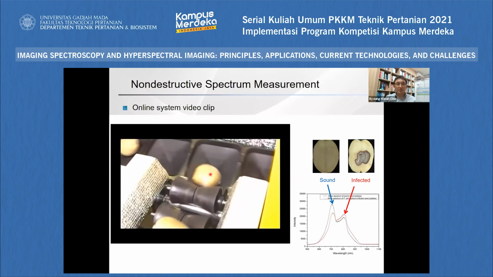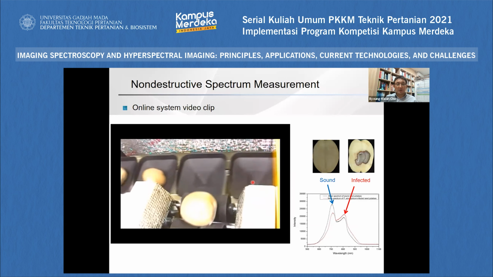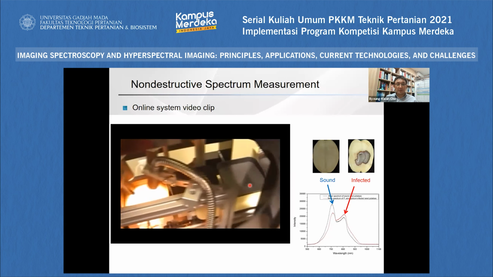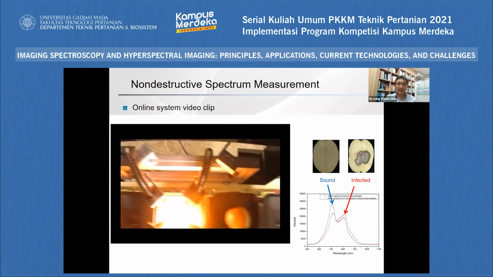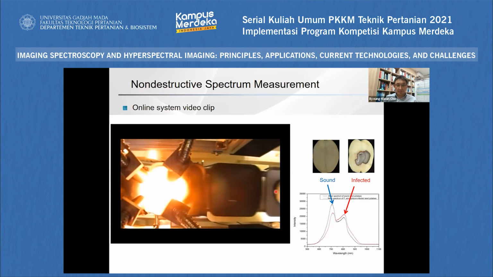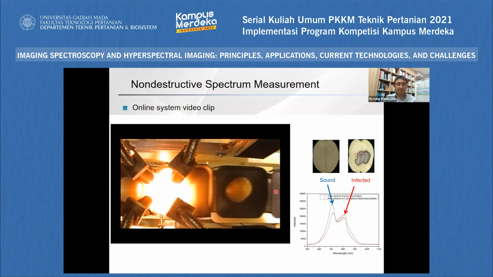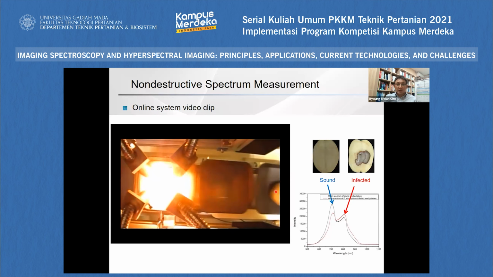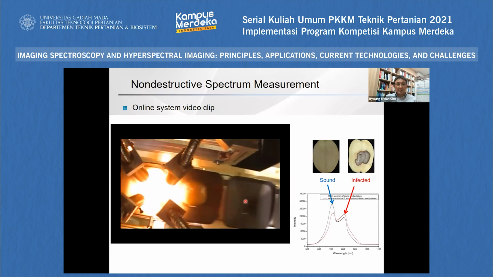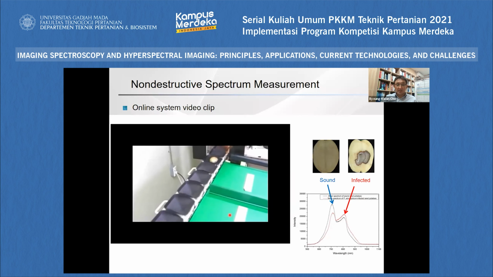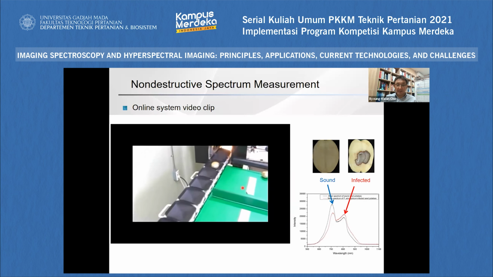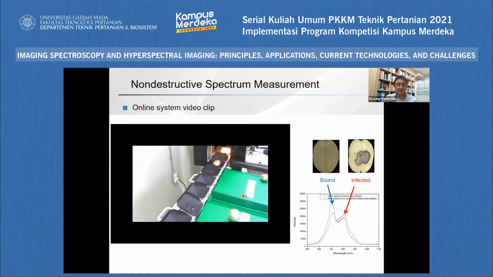Each is in an individual cup. Light is illuminated and penetrated, and then the transmitted spectrum is measured. Using the classification model, we can sort sound potato and impacted potato like this.